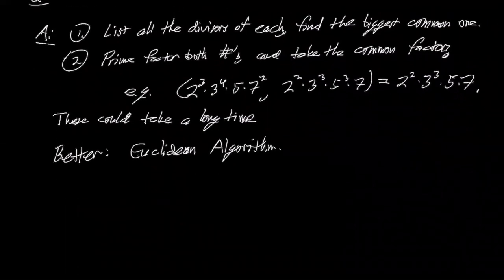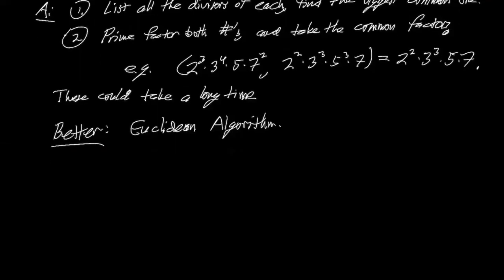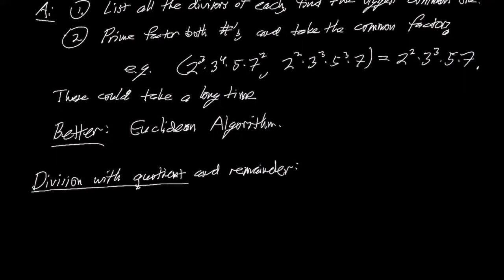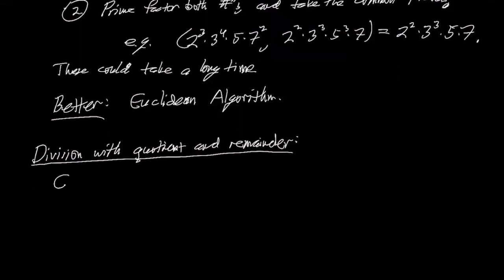But let's remind ourselves of the statement. This is going to use division with quotient and remainder. So let's remind ourselves of the statement of that in the integers, at least. So the statement is the following. Given integers a and b, we don't want to divide by 0, so let's not allow b to be 0.